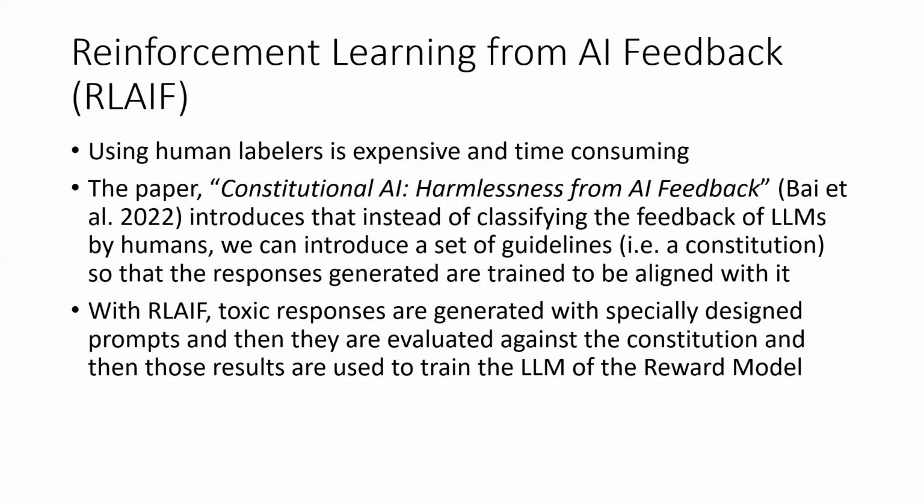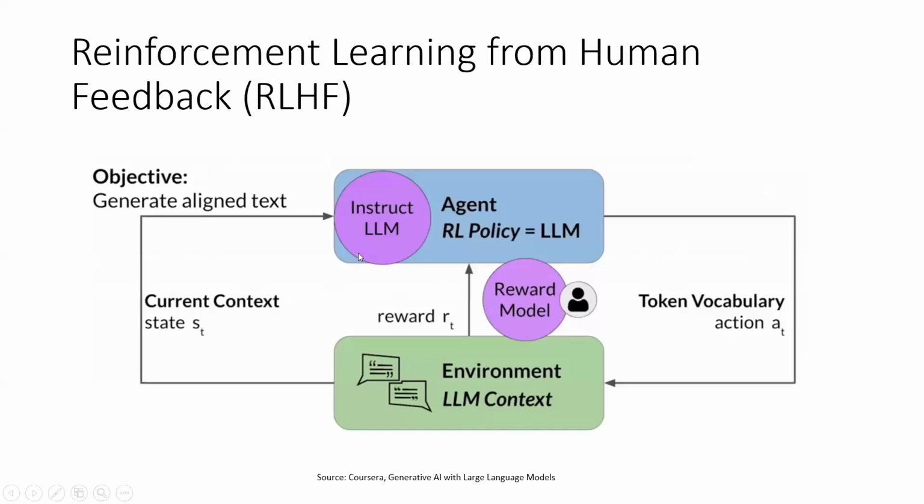So this AI generated constitutional feedback is used to train this reward model, where a human is not required, but instead the LLM itself is learning not to create toxic content by looking at the constitution again and again.